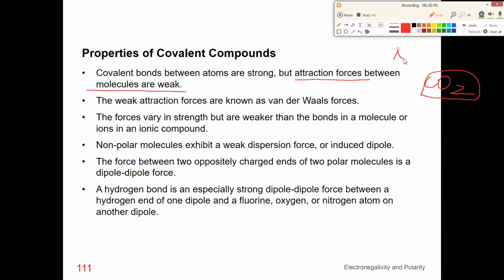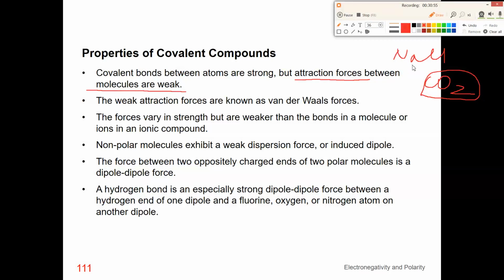However, like sodium chloride, when we talk about an ionic compound, actually one sodium ion is surrounded by a bunch of chloride ions. So the attraction is not a good example. Like water, probably water.